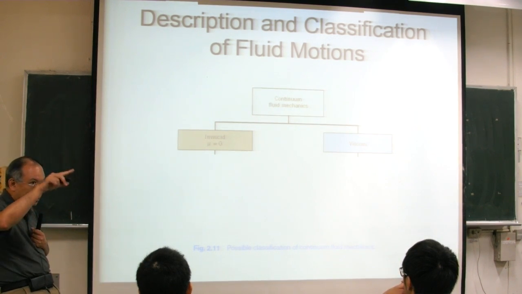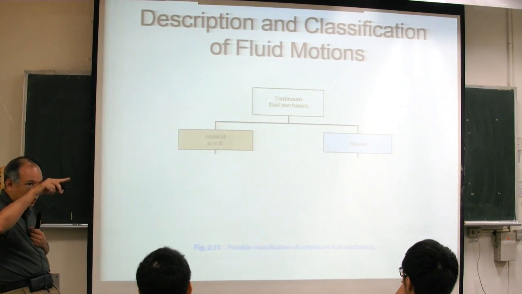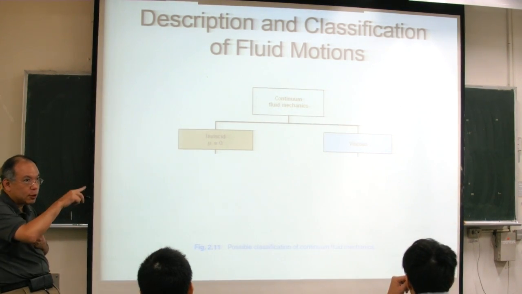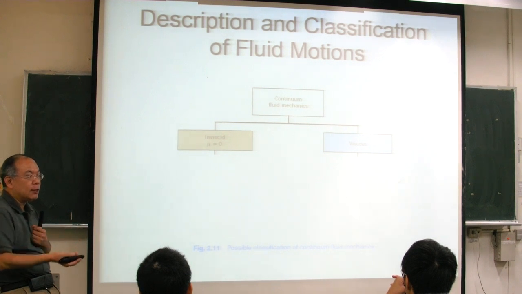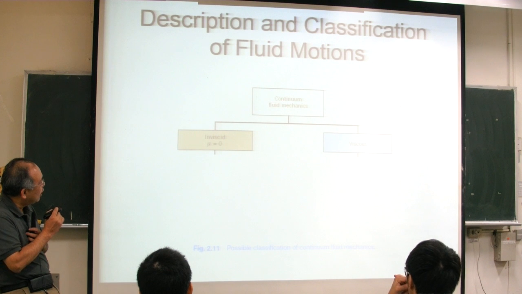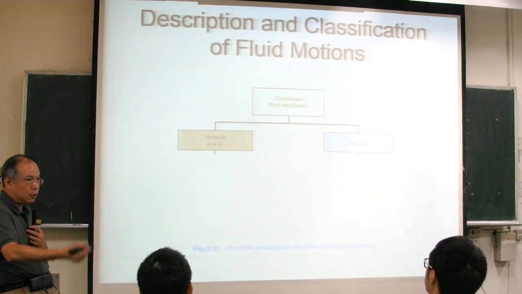The Knudsen number is the mean free path divided by the characteristic length, or the characteristic length divided by the mean free path, right? That's the Knudsen number, a non-dimensional number. And this number tells us whether the flow is a continuum or discontinuous.